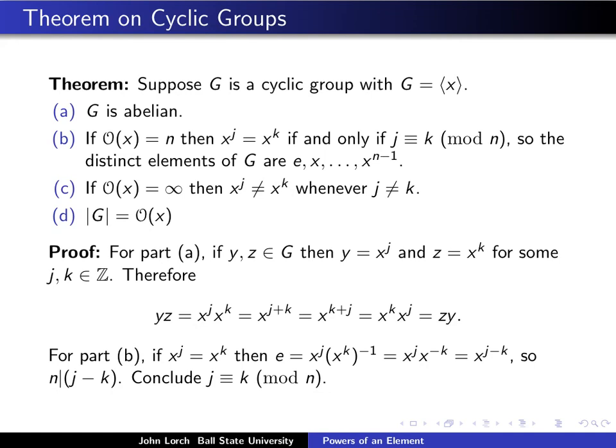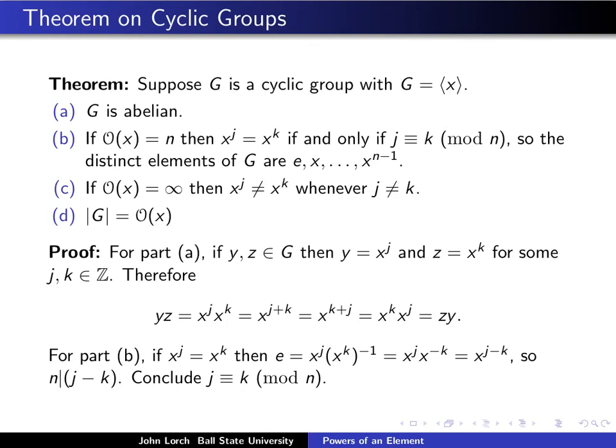We finish our video with a theorem about cyclic groups. So we let G be a cyclic group generated by an element x. The first thing is that this group G must be abelian. So every cyclic group is an abelian group. The second result says that if the order of x is equal to n, then 2 powers of x are equal if and only if their exponents are congruent modulo n.